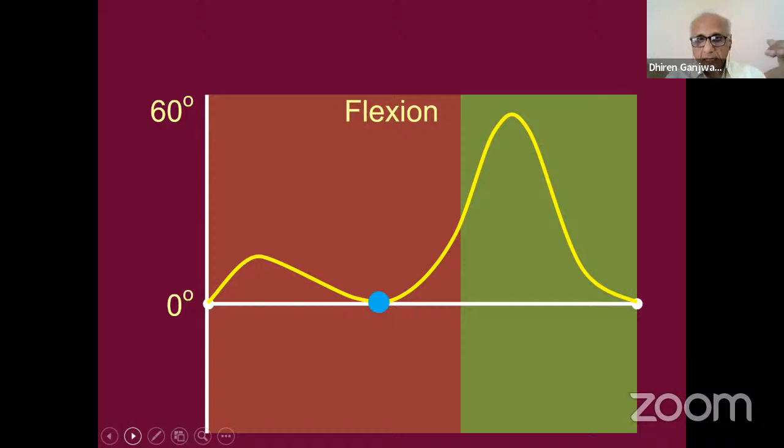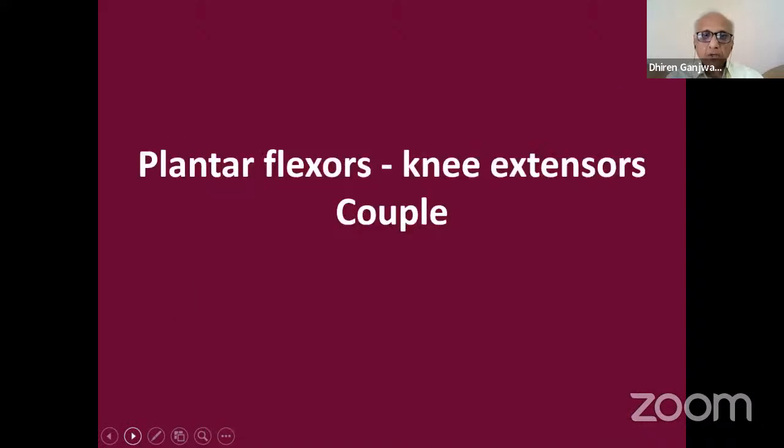So let us understand how this extension takes place and what the factors are which jeopardize it. This extension is caused by two groups of muscles, which is called the plantar flexors knee extensors couple.